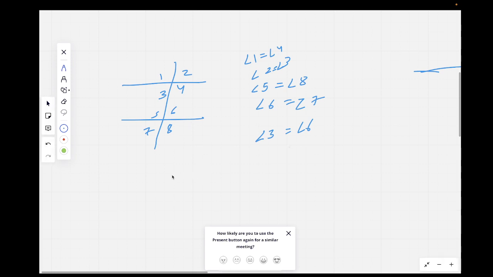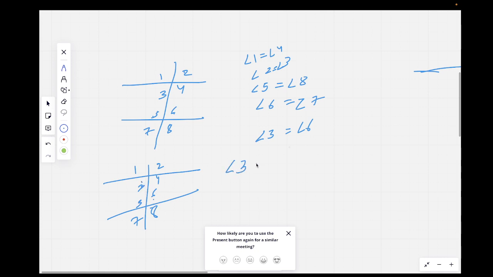Okay, so we can take the help of the axiom. Let's say angle 5 and angle 1 are equal. So in the same way, angle 6 and angle 2 will be equal. What we want to prove here: we want to prove 3 and 6 are equal.